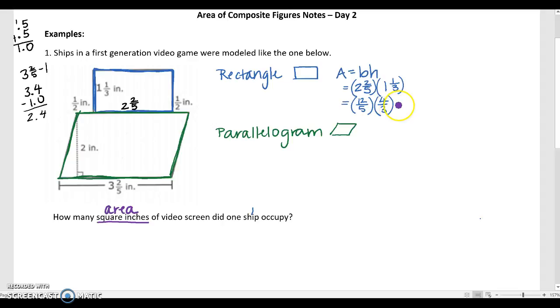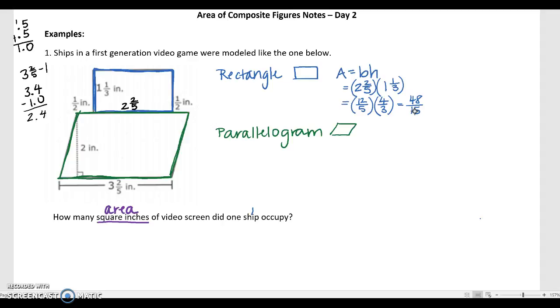And then I can go ahead and multiply across. So as well as I can take common factors out of the diagonal. So I could take 3 out of these diagonals and make it a little bit easier. I know some of you struggle with that. So I will go ahead and multiply across. So 12 times 4 is 48 over 3 times 5 is 15.